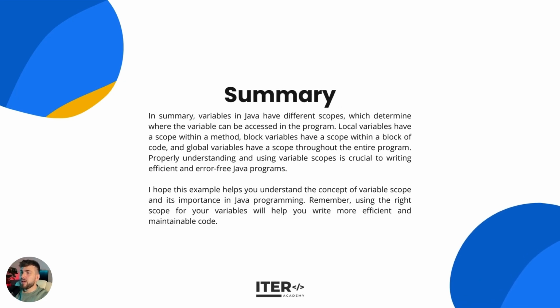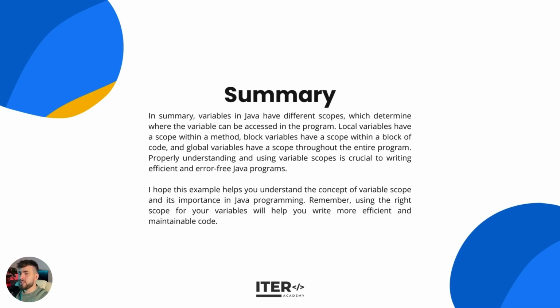In summary, variables in Java have different scopes which determine where the variable can be accessed in the program. Local variables have a scope within a method, block variables have a scope within a block of code, and global variables have a scope throughout the entire program. Properly understanding and using variable scopes is crucial to writing efficient and error-free Java programs.